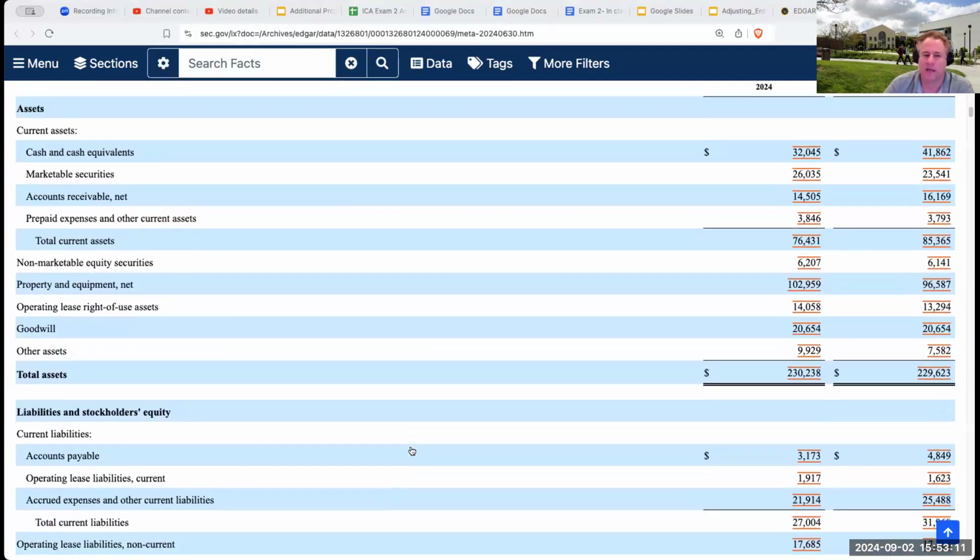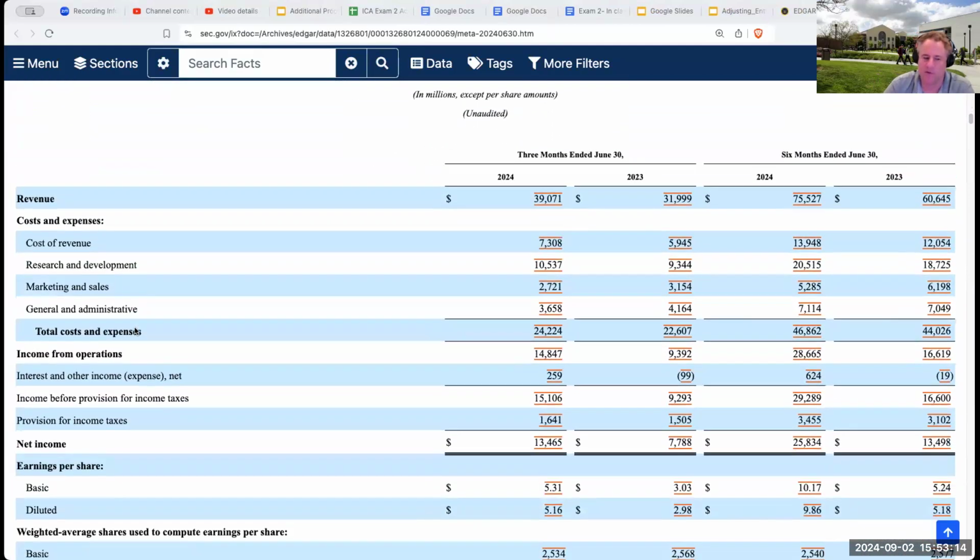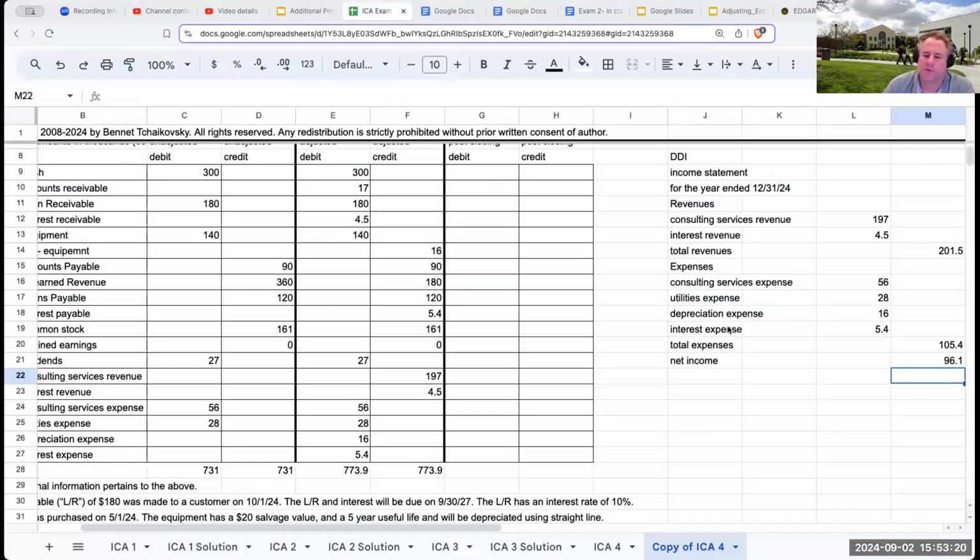We're basically saying our revenues minus our expenses gives us our net income. Technically, interest expense and interest revenue should be classified as other income or expense. However, I'm more concerned with you knowing revenues minus expenses equals net income. So for this exam, I'm absolutely fine with you showing it this way.